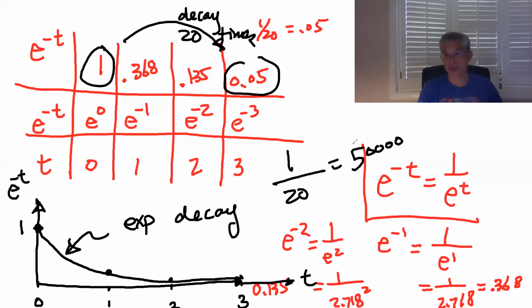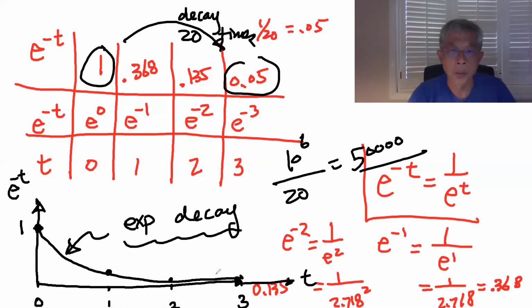So 1 million, 10 to the 6, becomes 50,000. Only this much left. That's not too good, right? So this is called exponential decay. You decay very fast. Well, that's terrible. Okay, so that's the preface of what we want to talk about.